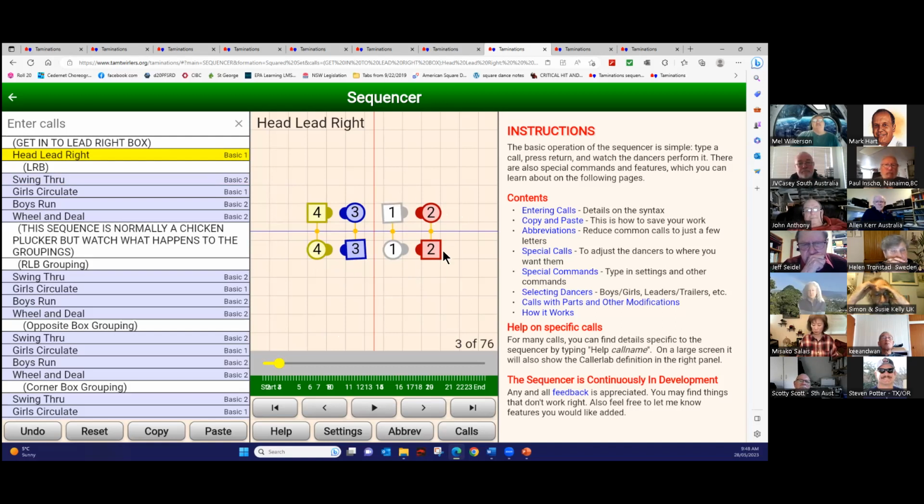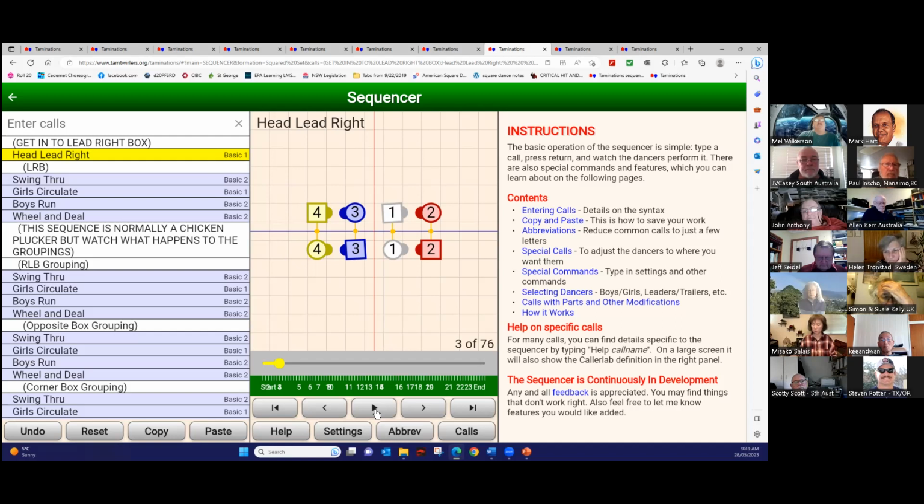This is a partner box grouping. It's not a partner box per se, it's a grouping. It's also an opposite box grouping, and that's the big difference. You have to work with the phrase grouping. And that is a very, very advanced technique in calling: knowing what group it is, regardless of where the dancers are within that group.